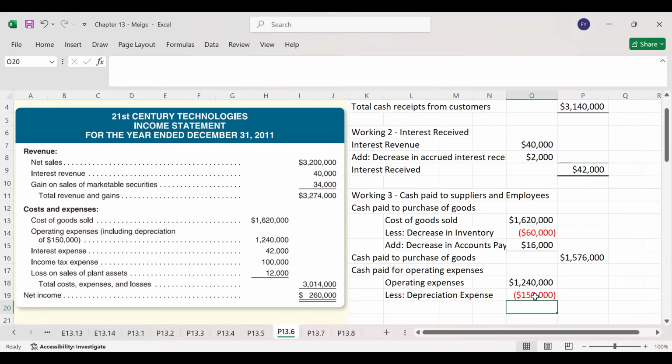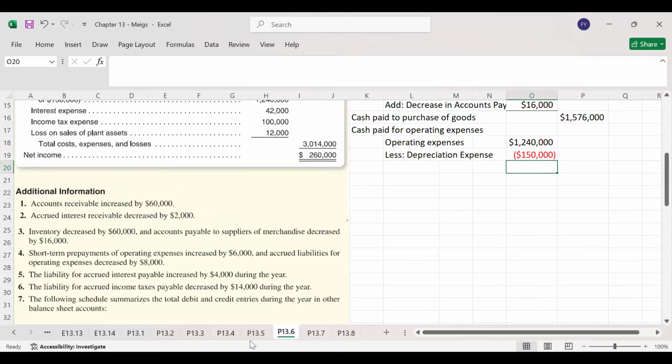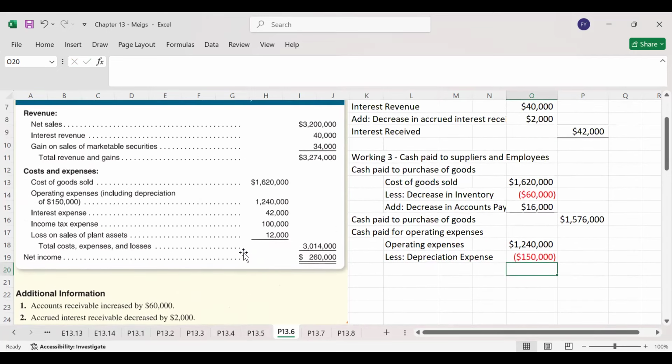Then we will adjust any increase or decrease in prepayments. So we can check if we have any increase or decrease in the prepayments. You can see that short-term prepayments of operating expenses are increased by $6,000.